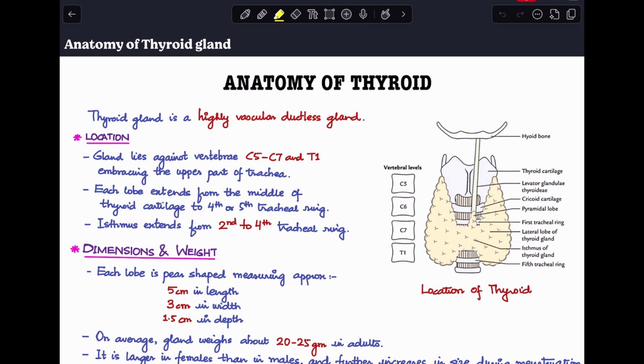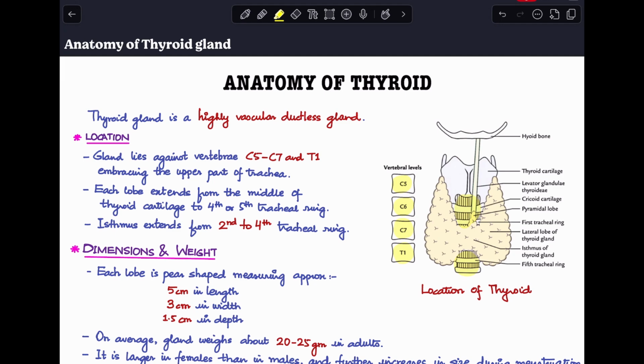So the gland, if you see in the image over here, lies at the vertebral level of C5, C6, C7 and T1 vertebrae, and it encloses the upper part of the trachea. As you can see, this is the trachea over here, and you can see the thyroid gland enclosing the upper part of the trachea.